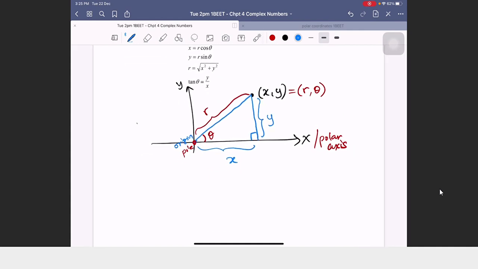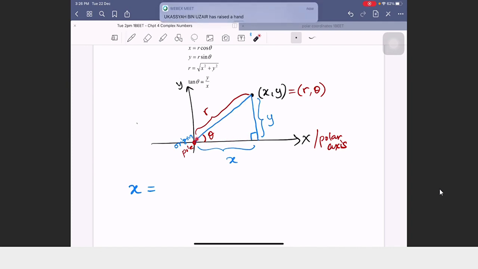If I want to define my x in terms of r and theta, it means that I am going to look at x here. Ignore the y first, don't look at the y, look at the x, r and theta.